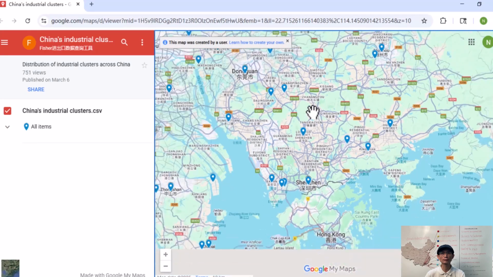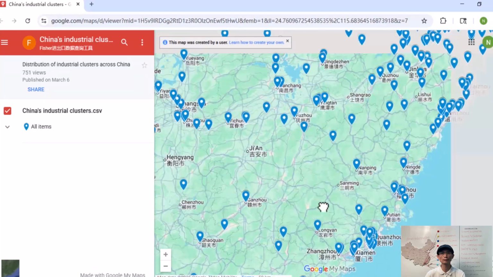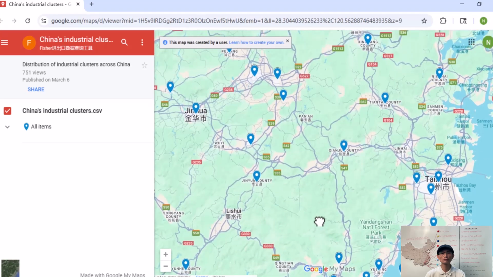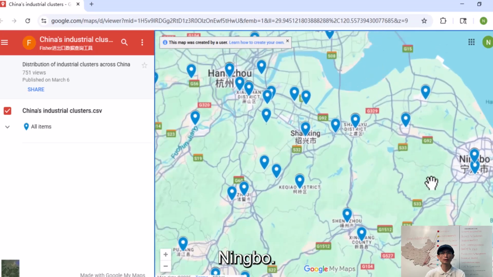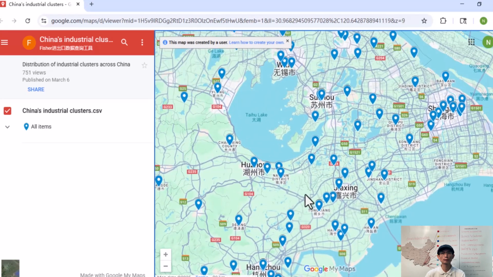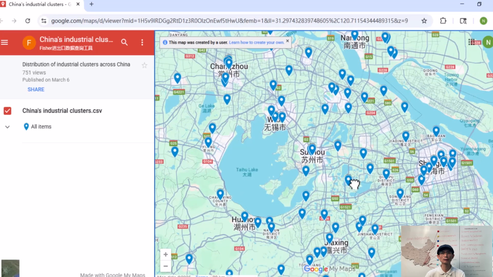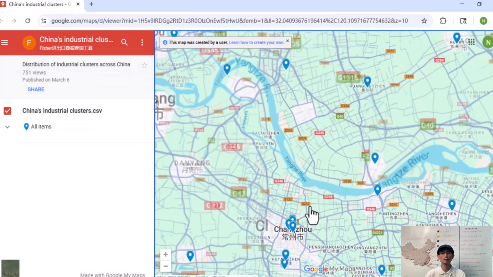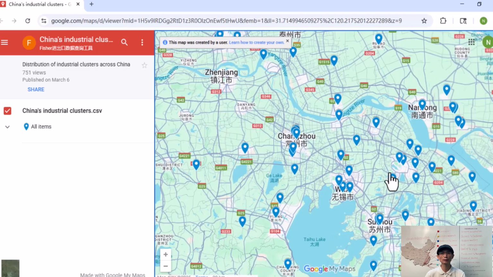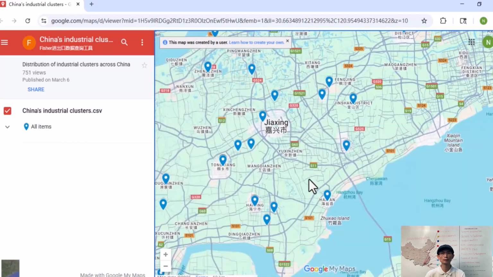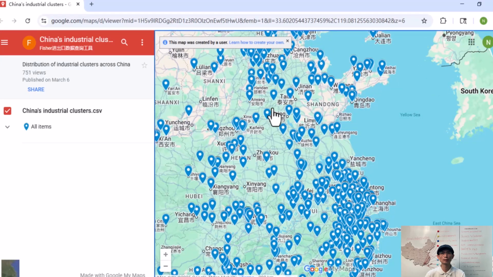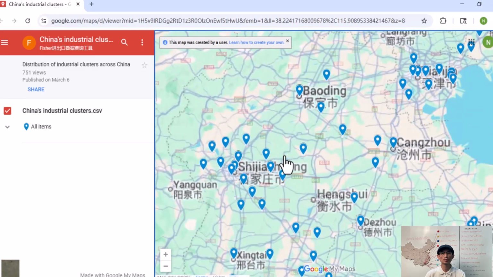Shenzhen, Wenzhou, Ningbo, Hangzhou, Jiaxing, Wuxi. Hebei.